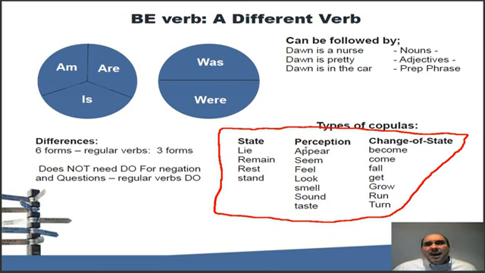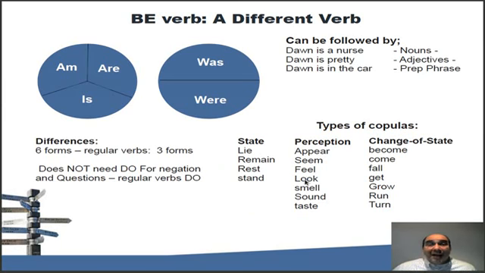He is sick, he appears sick, he seems sick, he looks bad. Okay? In other words, he appears bad, he is bad, as opposed to the actual I look through the window. Different thing, right? He smells bad. Okay? These are all perceptions or states or change of states. And these can also be considered copulas.